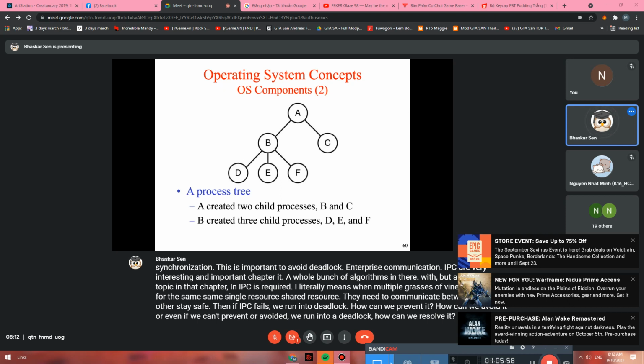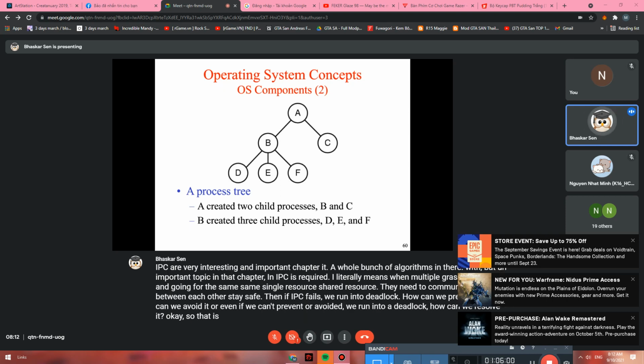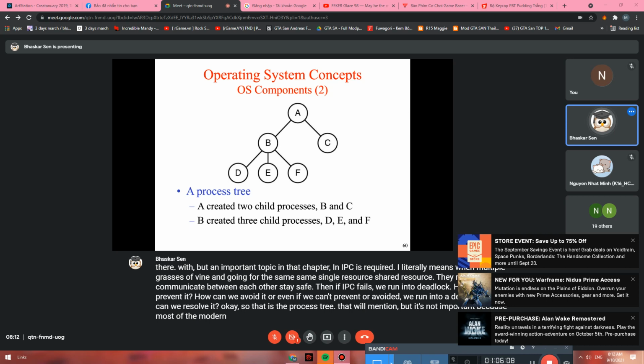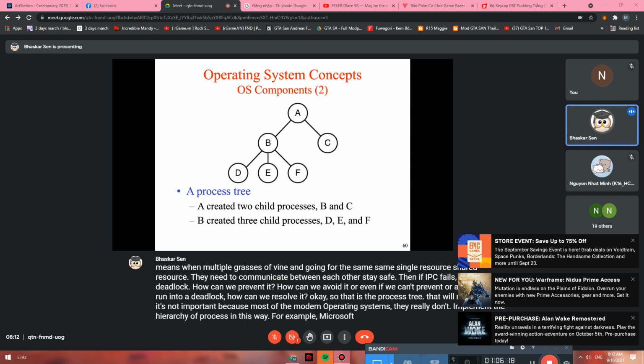Okay, so that is a process tree that we'll mention, but it's not important because most of the modern operating systems don't implement the hierarchy of processes in this way. For example, Microsoft doesn't implement it.